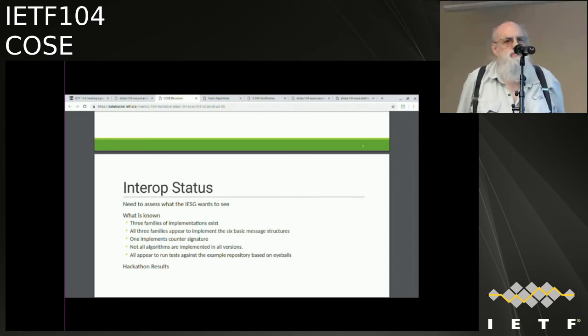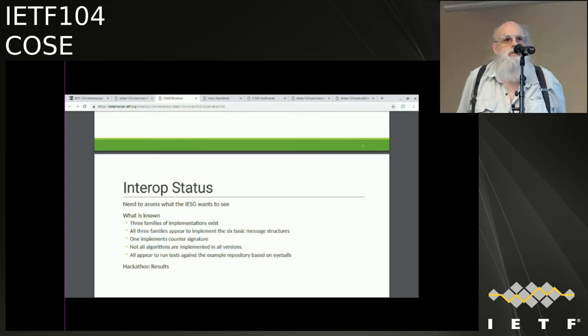They are not complete in terms of they don't all do counter signatures. They don't all implement all of the different algorithms that you could do. The JavaScript one I know only does ECDSA and ECDH. It doesn't do any of the Edwards curves.